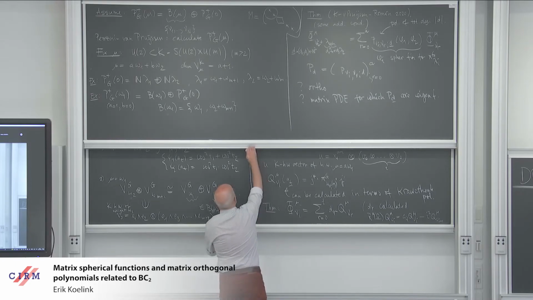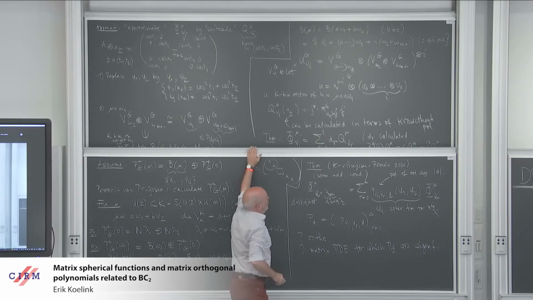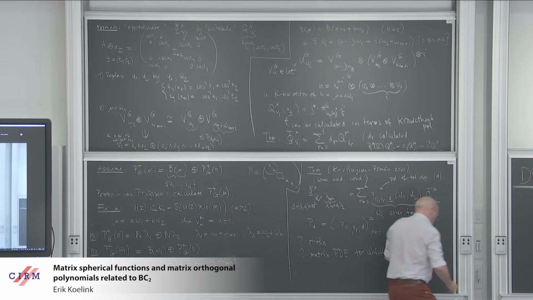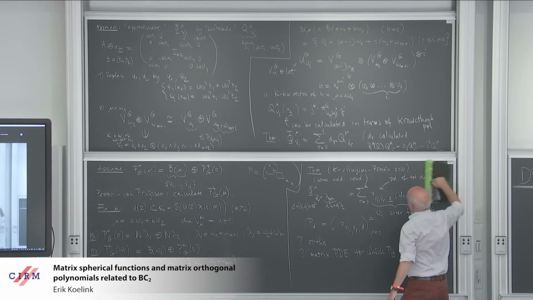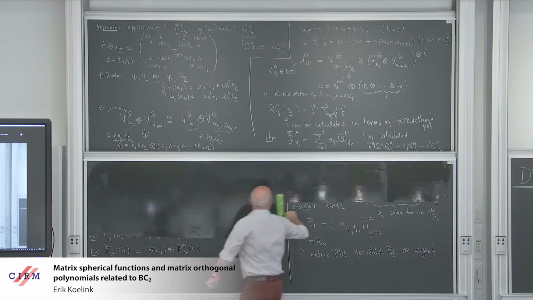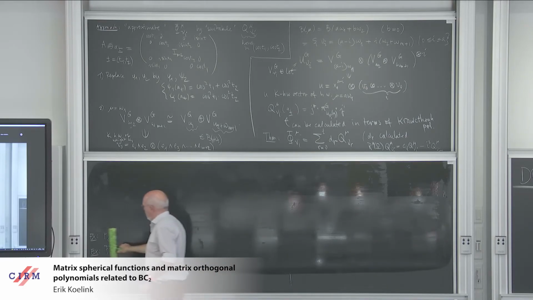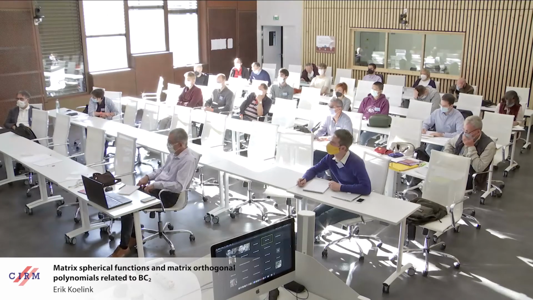And let me then finally state what the orthogonality is for these polynomials. I managed to go over time. So let me do that, at least so that you can see how they pop up.